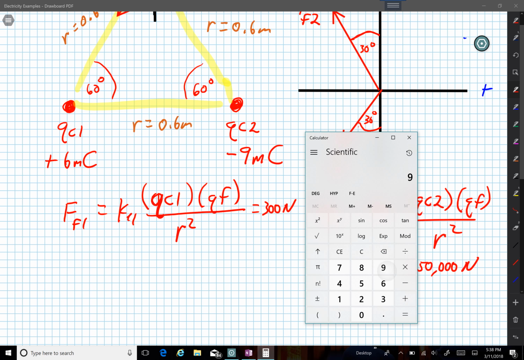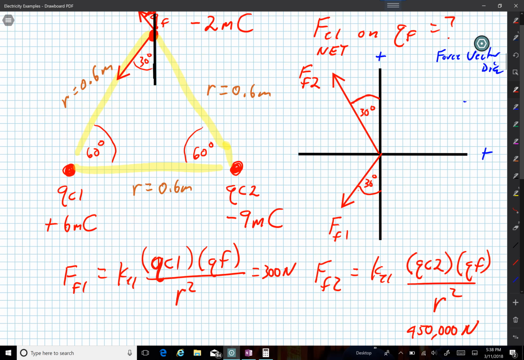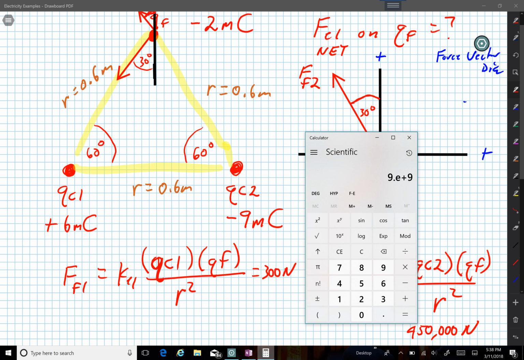Let's go back and see. 9E9, and let me pull these down so I can see the numbers again. 9E9 times 6E-3 times 2E-6 divided by 0.6 squared equals 300,000.